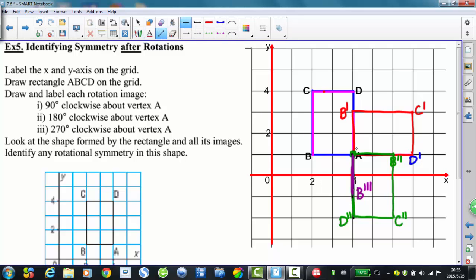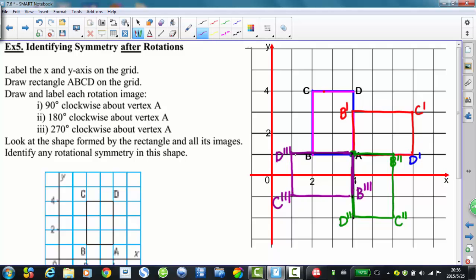Then I will rotate AD 270 degrees clockwise about the vertex A. 90 clockwise, 180 clockwise, 270 clockwise. So this point should correspond to point D in the original one. I will mark this one as D triple prime. Then highlight this line with the purple color. Then I can make a rectangle here. So this one should be C triple prime. So the purple one was A, B triple prime, C triple prime, D triple prime.